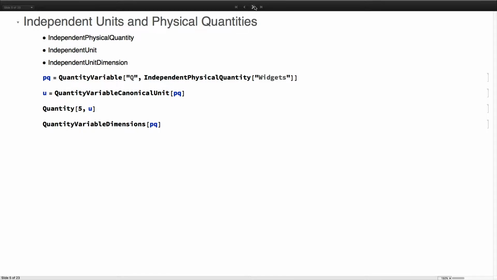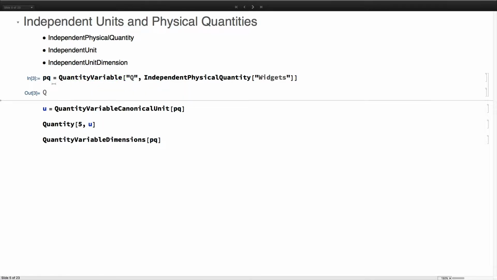We also have included a lot of ways for you to specify your own units and physical quantities. So we have independent units and physical quantities. So you can say that you have some physical quantity of widgets, and we can use that as a quantity variable. It'll format nicely, and you could use it in our other functions.